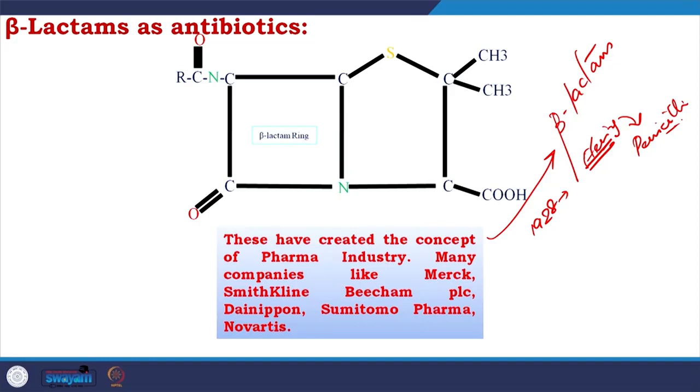All those pharma industries were actually coming up with one or the other derivative of a beta-lactam. So, companies like Merck, SmithKline Beecham, Daiichi Sankyo, Sumitomo Pharma, Novartis, which are big giants now, started with the beta-lactam.